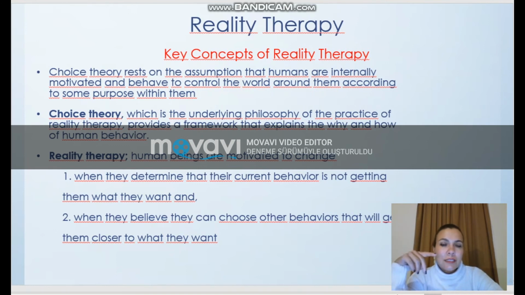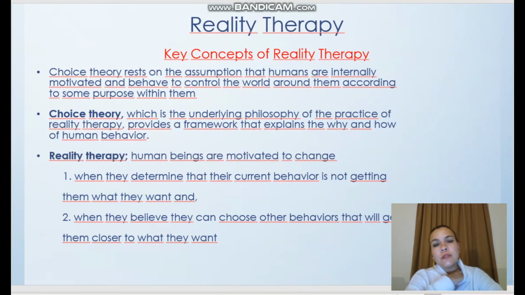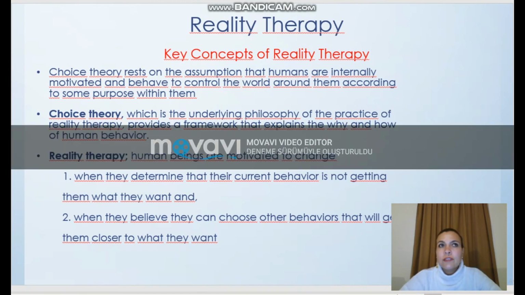Which theory was saying that? Remember, this belief was also in the experiential theories, right? They were believing in the motivation and the capacity of the people to move on. They were believing in their motivation, right? So they have some similarities.